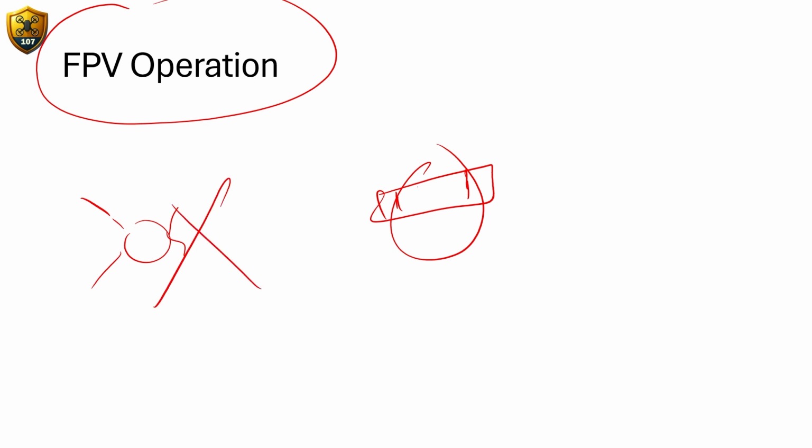That doesn't mean you are maintaining visual line of sight, because now you are seeing directly through a camera. You have to see the drone with your own eyes. You cannot maintain visual line of sight using any equipment attached to you.